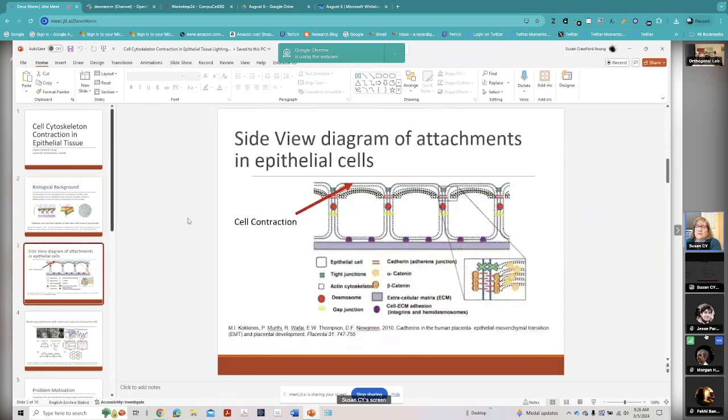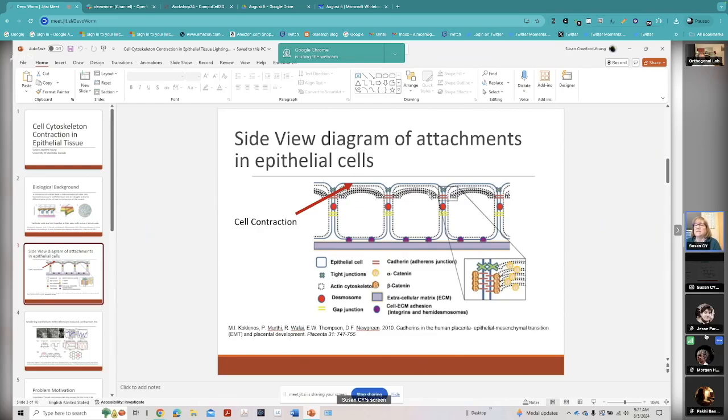This is a side view, and the attachments are all along the top. There's a trijunction between cells, or bijunction, quadjunction, whatever is needed. What I'm trying to model is a cell contraction in this cell. We'll make the top narrower and cause it to be more columnar.